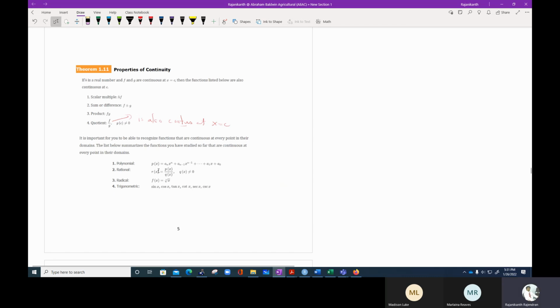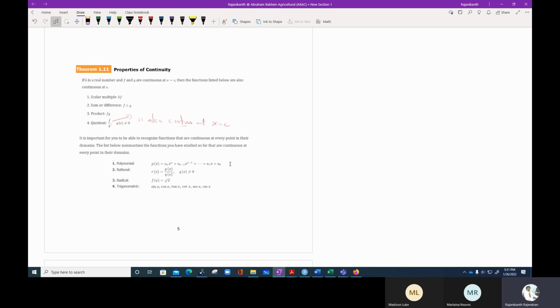So there are some special functions. The polynomial functions are always continuous throughout the real line, everywhere continuous. The rational function p(x) over q(x) is also continuous except at those points where the denominator is 0.